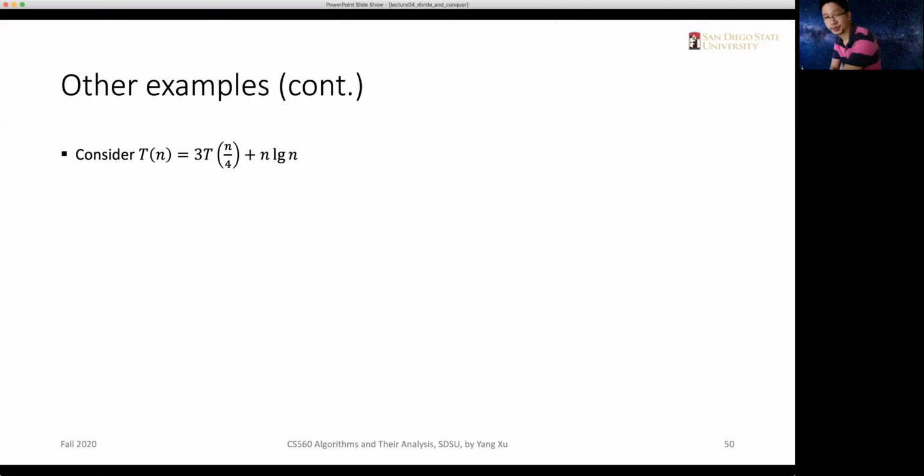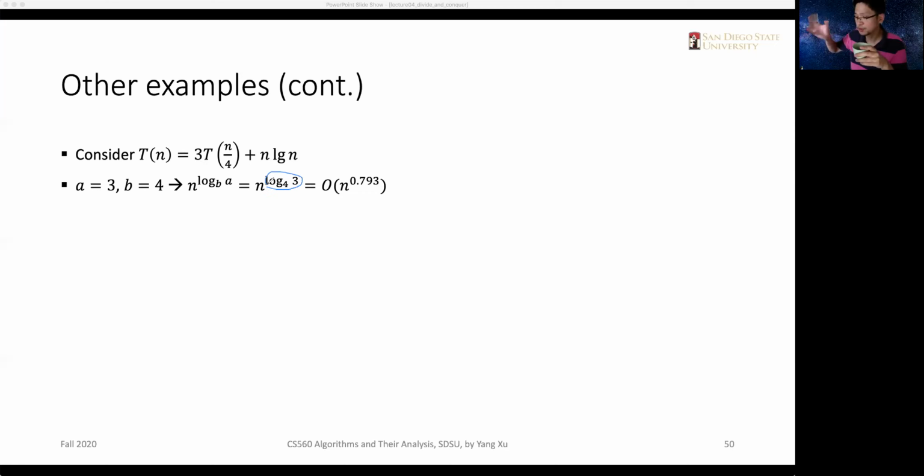That's one example. And for this example, this is a bit tricky. When a is 3 and b is 4, so the logarithm with base 4 of 3, we know that it must be less than 1, right? Because 3 is smaller than 4. So if we use a calculator to find its value, it's almost this number.